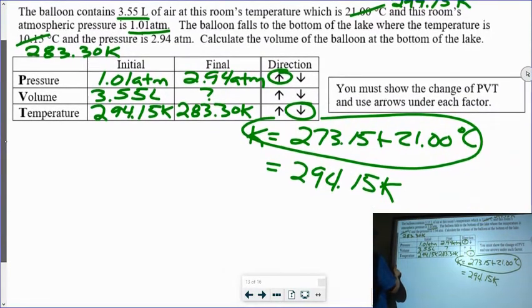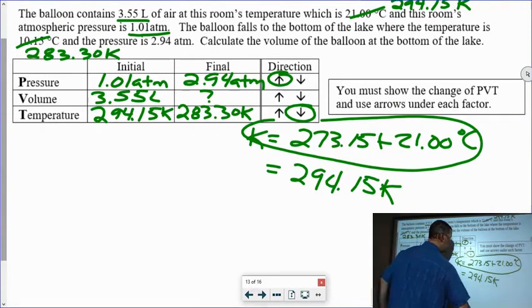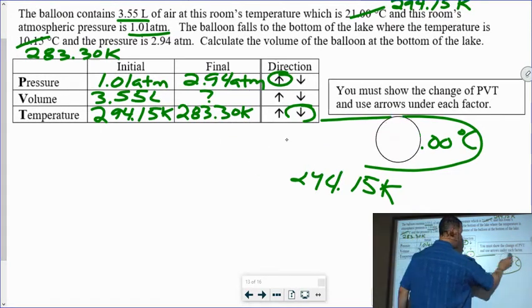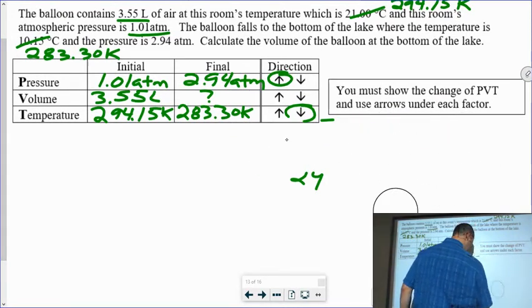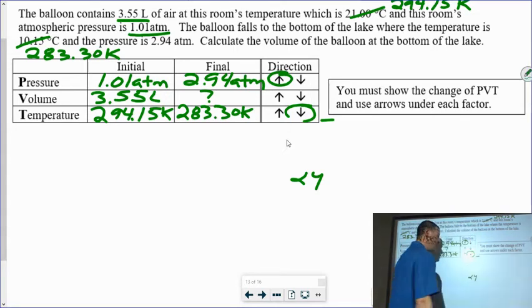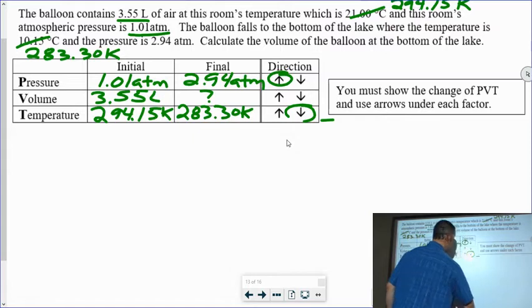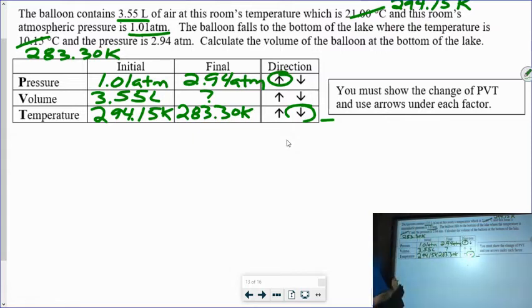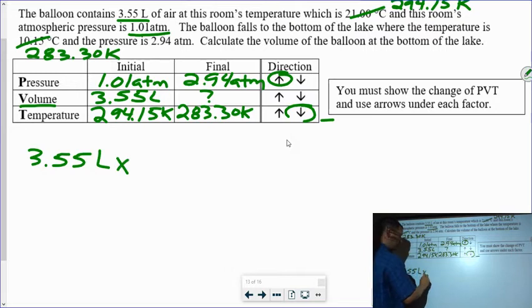So I'm going to raise everything up a little bit, do a little erasing. Again, feel free to pause the video at any point in time and know that you did these problems back in 9th grade science. So I start the problem with a piece of data that doesn't have a partner. That's my volume. So I start with 3.55 liters, multiplication sign, division bar. Then I can go with pressure or I can go with temperature.